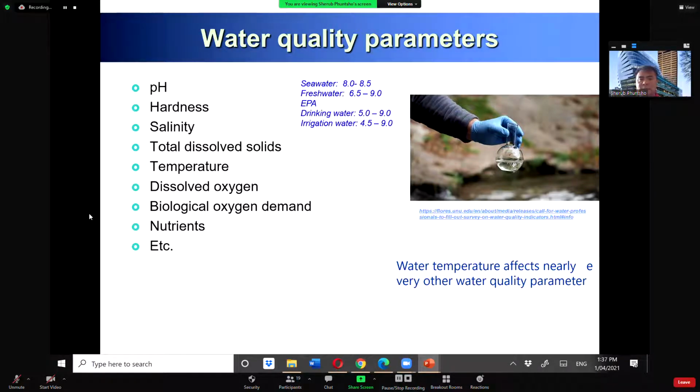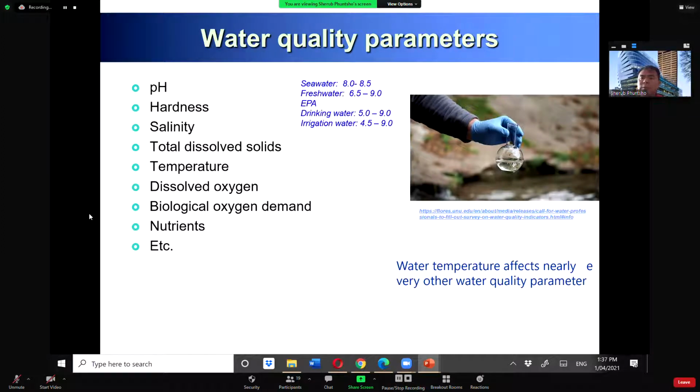And dissolved oxygen is, of course, a very important parameter, because it indicates the freshness of water. If the water is rich in oxygen, that indicates that the water is quite clean. If the dissolved oxygen is very low, that means the water has become almost like stale water, right?